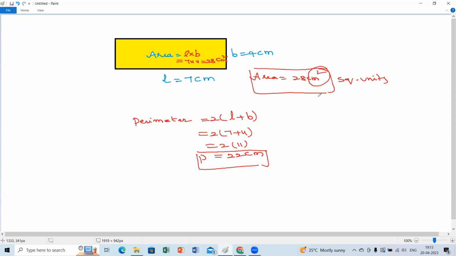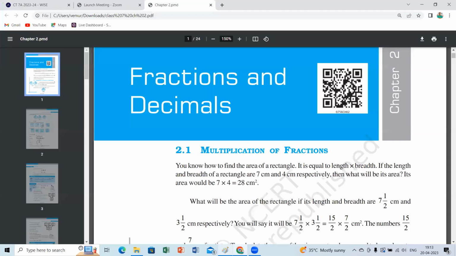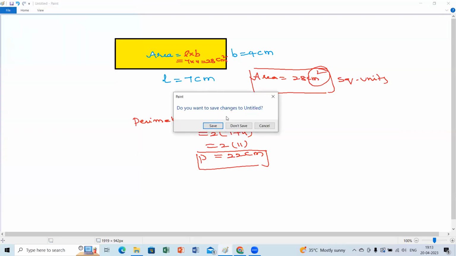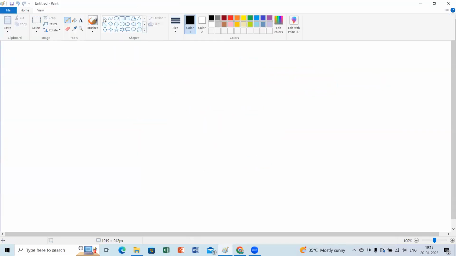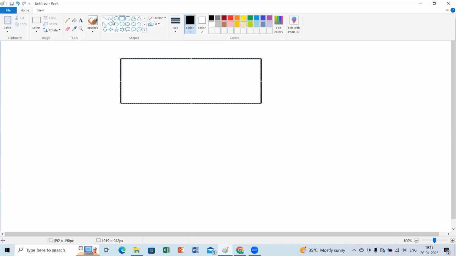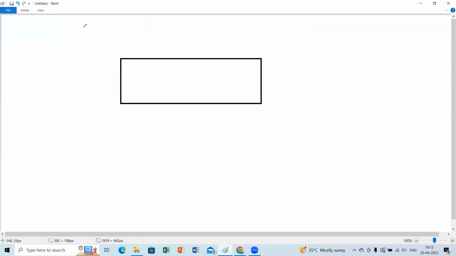Suppose my question is, because we are introducing multiplication of fractions, the length of the rectangle is 7 1/2 meters, whereas the width is... What is the length, children?